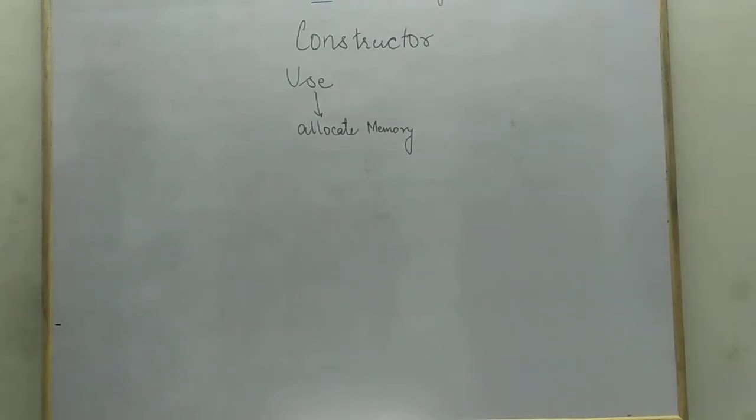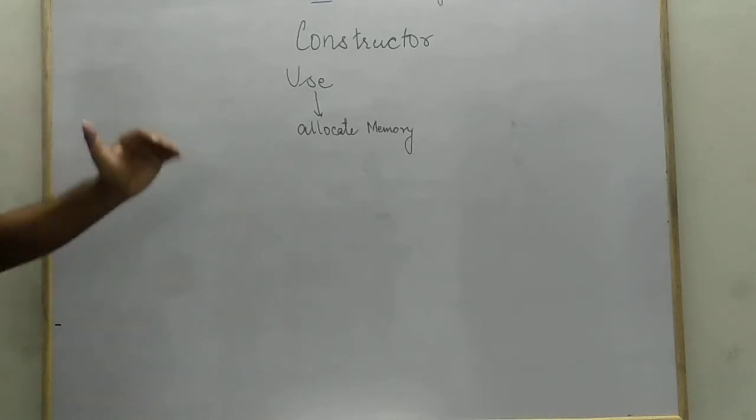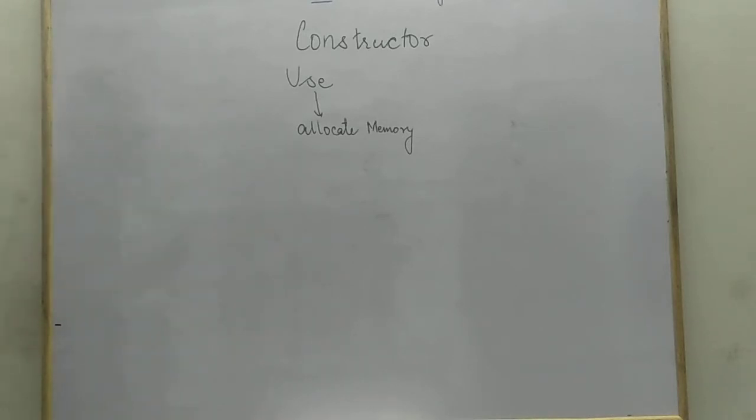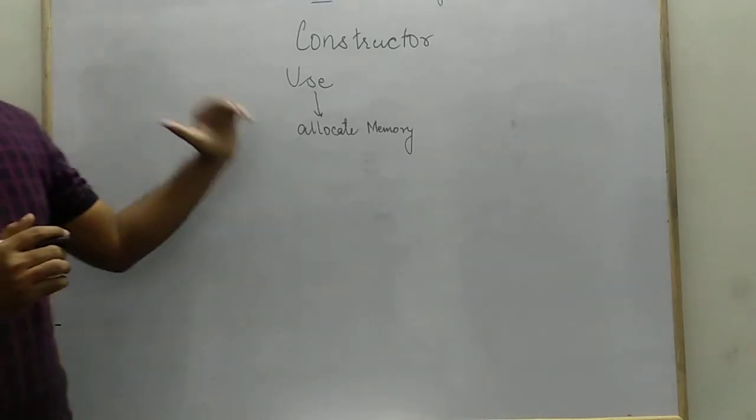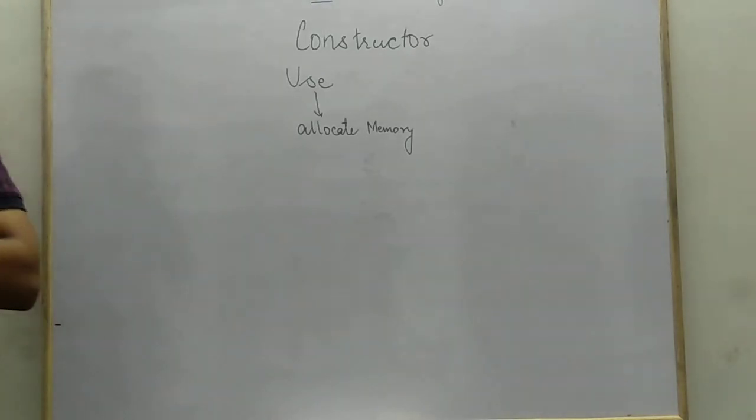Allocate memory to whom? Allocate memory to the variables or the objects. Okay, so constructor is used to allocate memory to the variables and also the objects of the class.